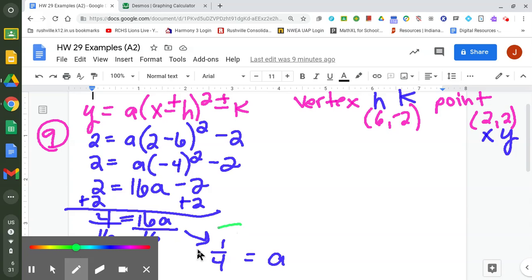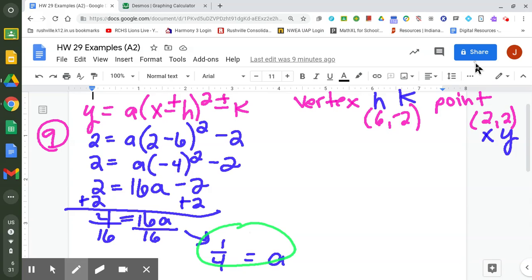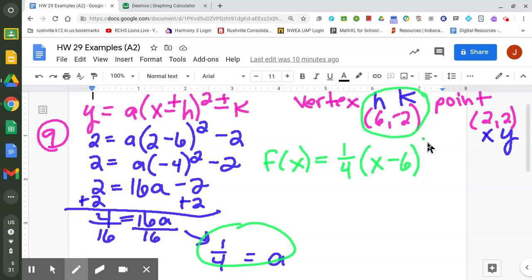So I've got this piece of information and this piece of information. So now f of x equals, and the a was 1/4, parenthesis, x, and my h has to be negative 6 squared minus 2. And so there is my new equation.